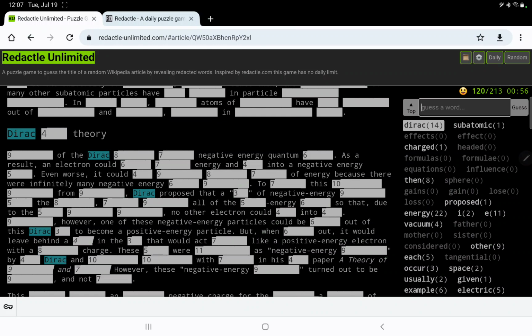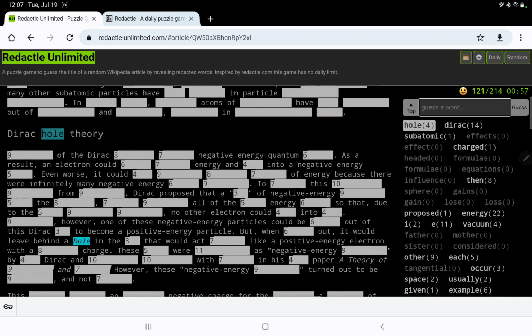Oh, I see he also has some shared with Fermi, but Fermi did not come up. Dirac hole theory. There's a common word, but I just would never have thought of that. So let me look at Dirac's hole theory.